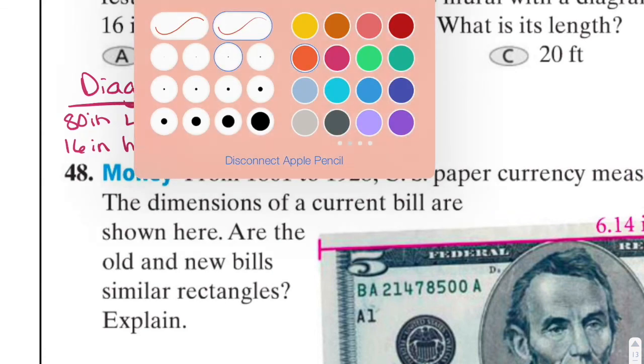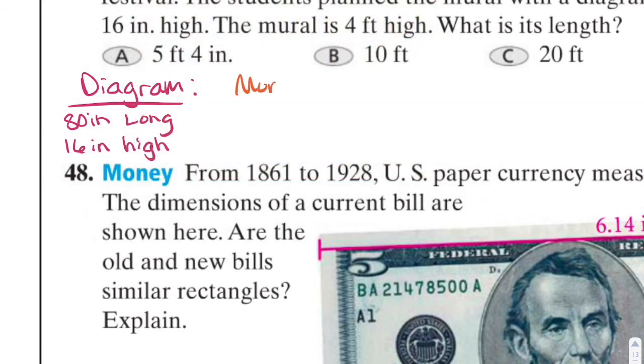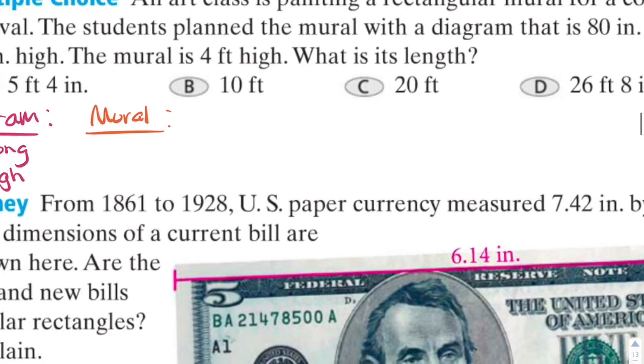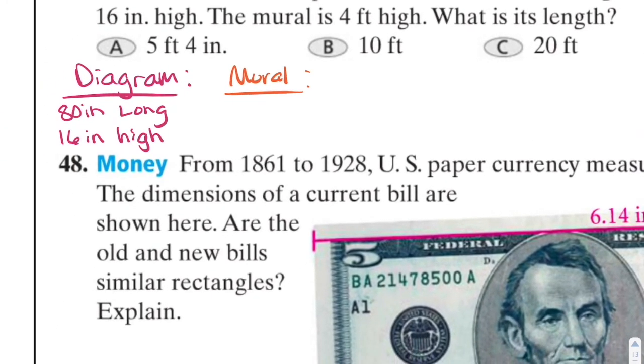And the mural, it is 4 feet high. We don't know how many inches long, but I'm going to convert the 4 feet high over to 4 times 12, which is 48 inches high.